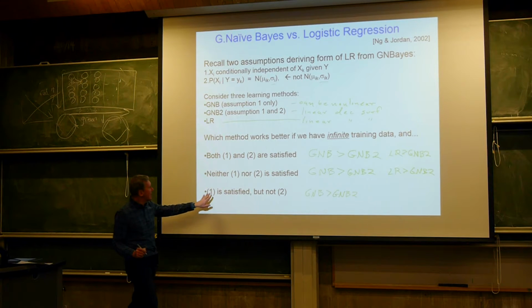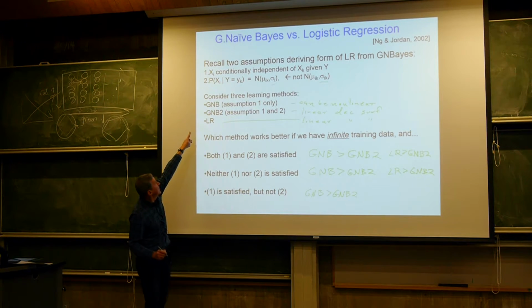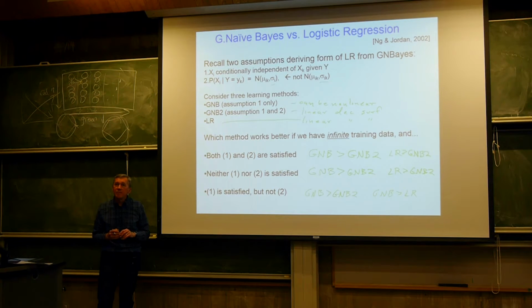But here I'd say also, if 1 is really satisfied and not 2, then I'm going to go with GNB over logistic regression, right? Because it can handle all kinds of decision surfaces that are nonlinear. Right?